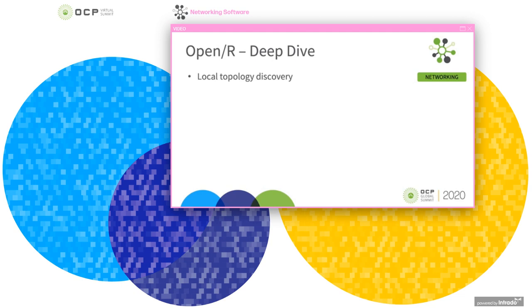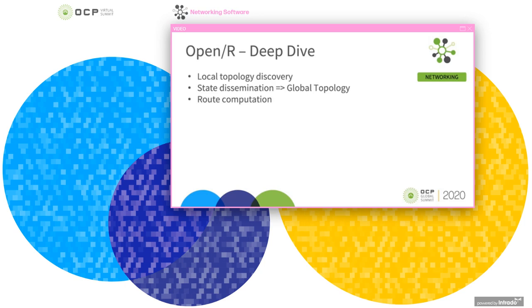That means local neighbor discovery, very similar to LLDP neighbors. Once the neighbors are discovered, this information needs to be disseminated across the network so that all the nodes in the network know about the neighbors of all other nodes in the network. That means they know about the global topology.